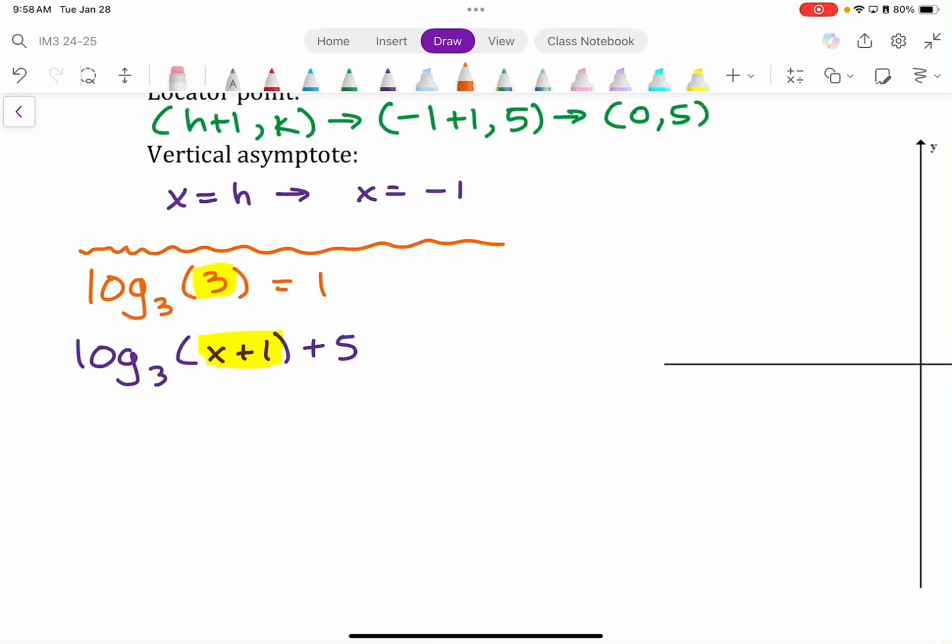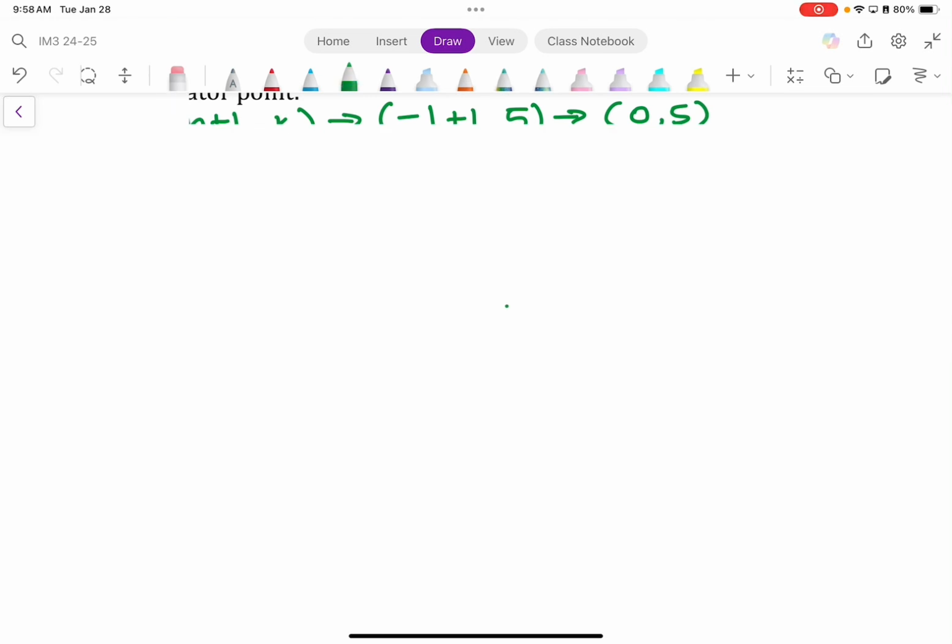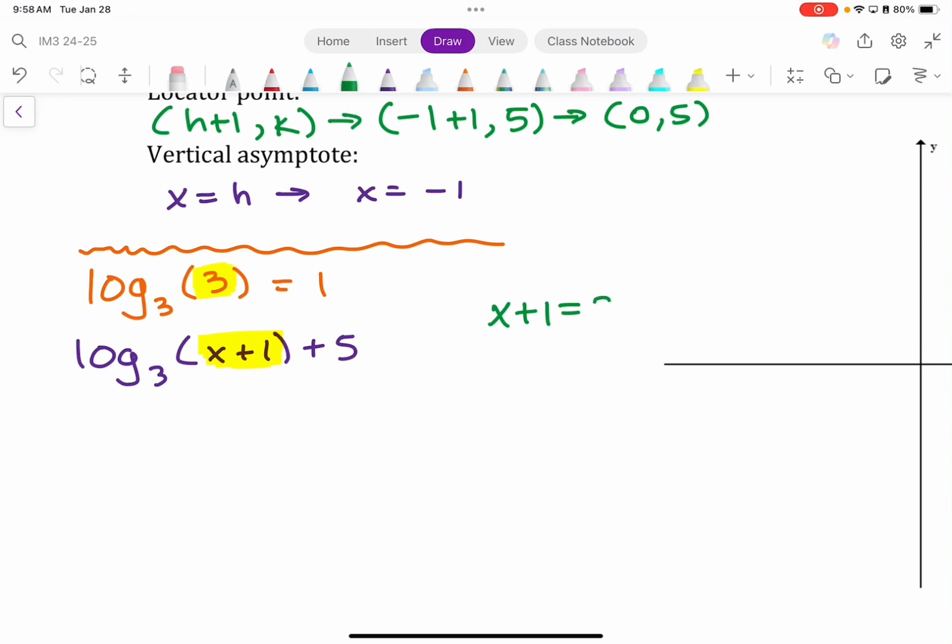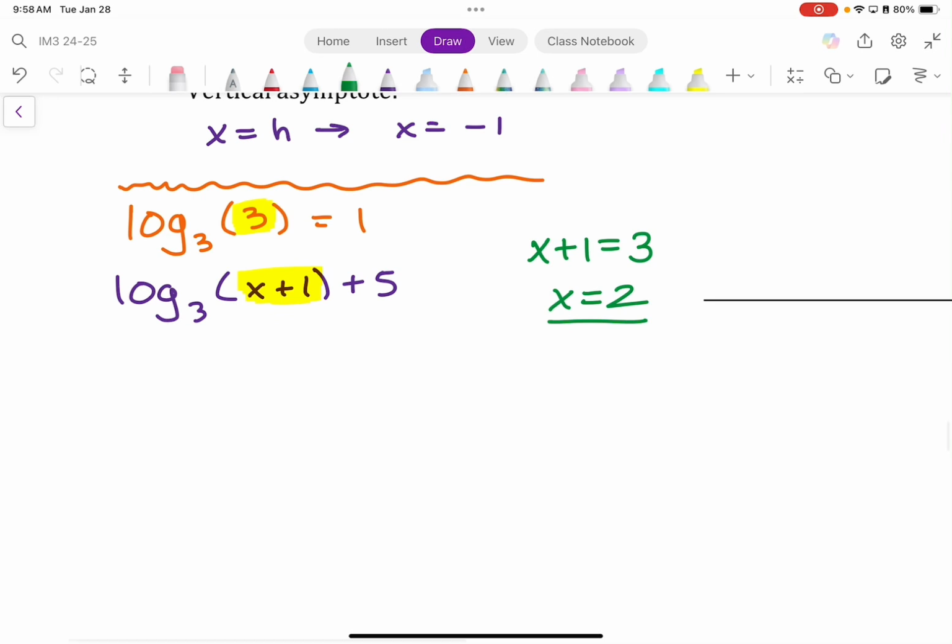So you set those two equal to each other. You're going to set x plus 1 equal to 3 to figure out what x needs to be. If x plus 1 equals 3, what must x equal? 2. That is the first coordinate of the second point: x equals 2.